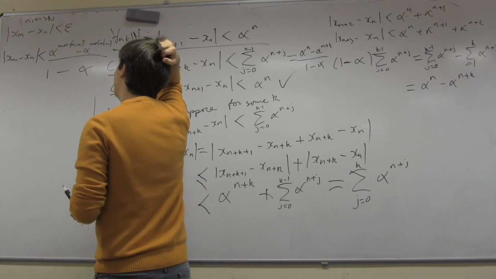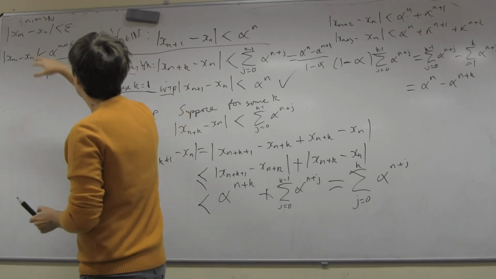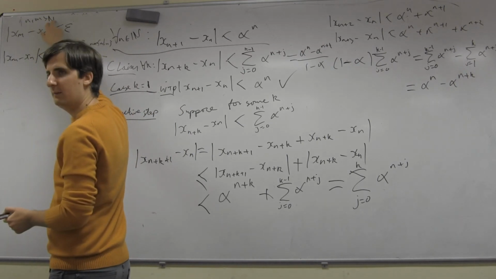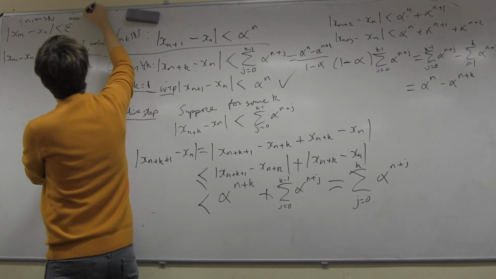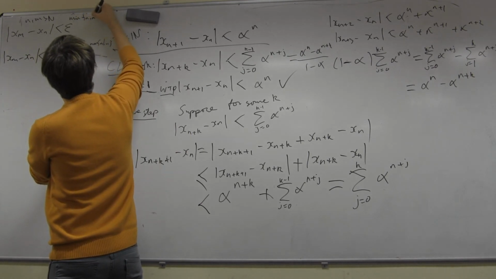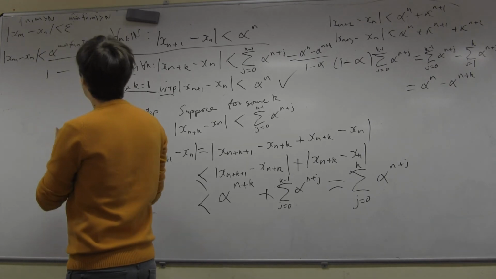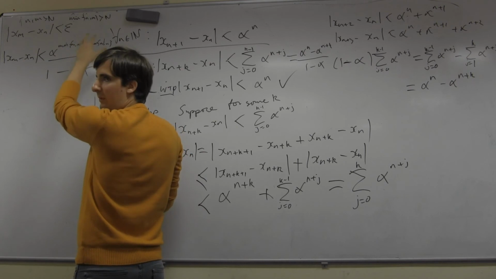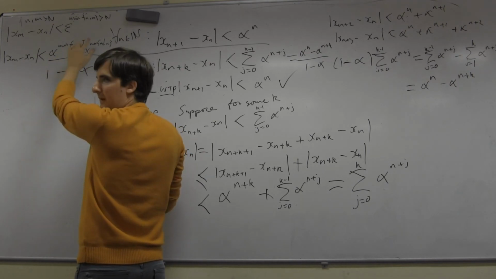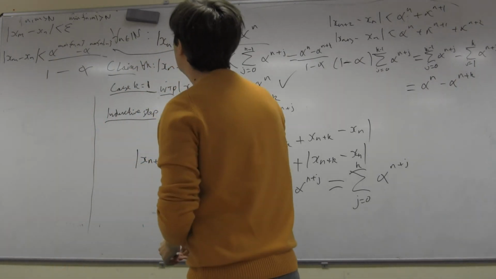So we need a condition of the form min(n,m) bigger than N. We want this upper bound to be only a function of the minimum, not the maximum.